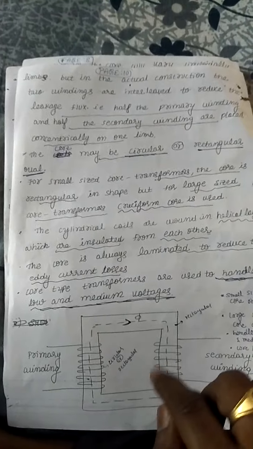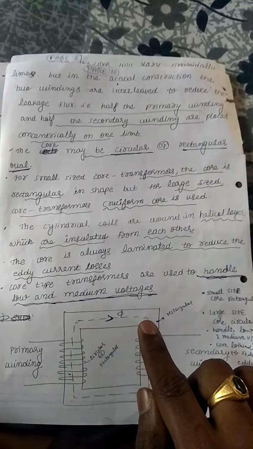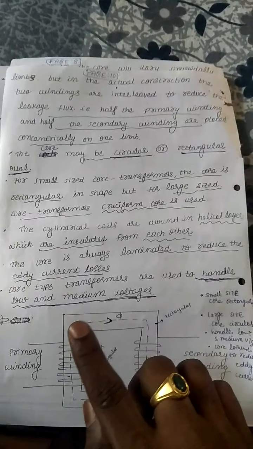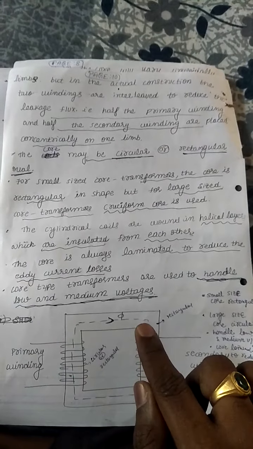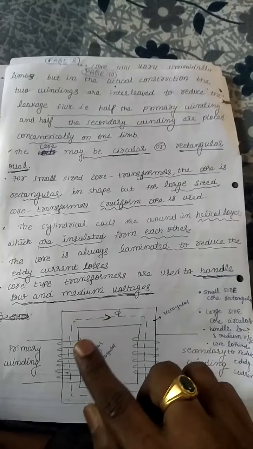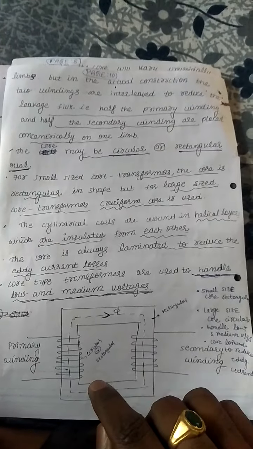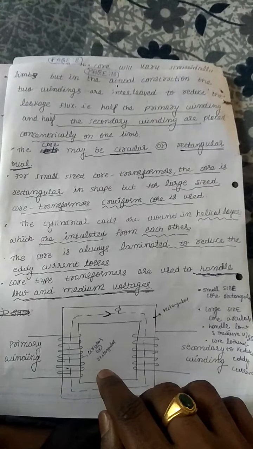The core may be rectangular or it may be circular. If the core size is smaller, then you choose the rectangular format. If the core size is large, then it should be in a circular manner. It is used to handle low and medium voltages.